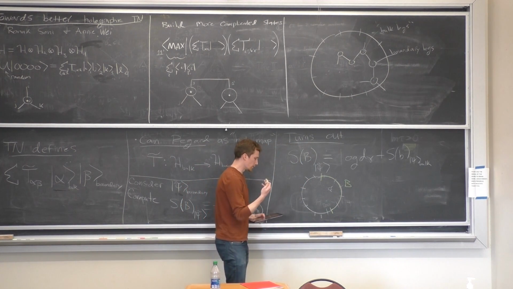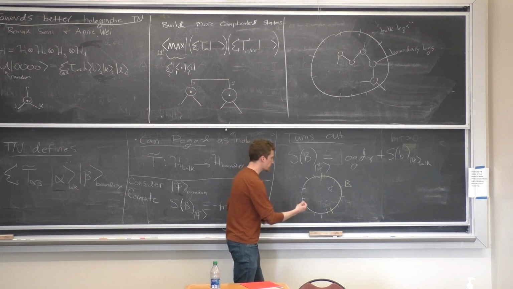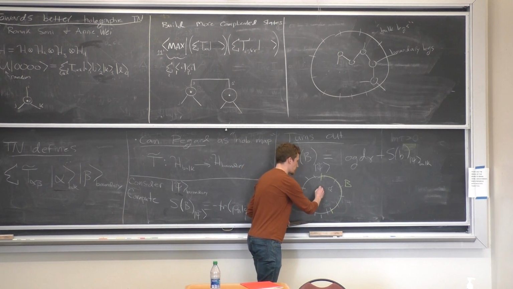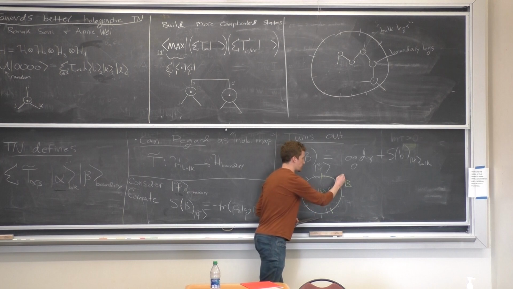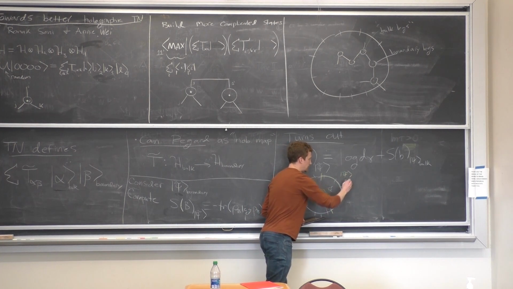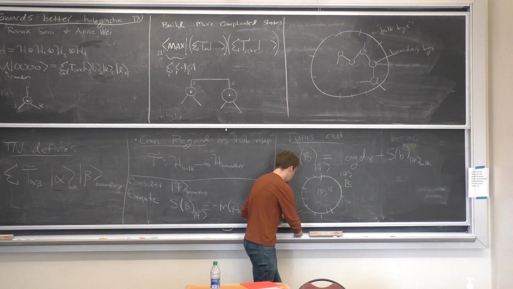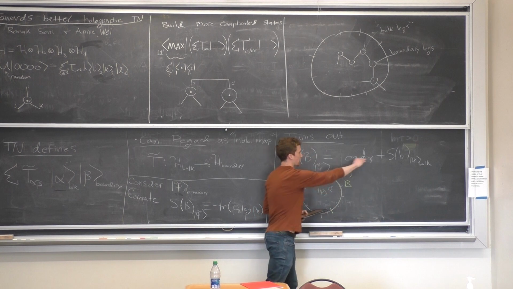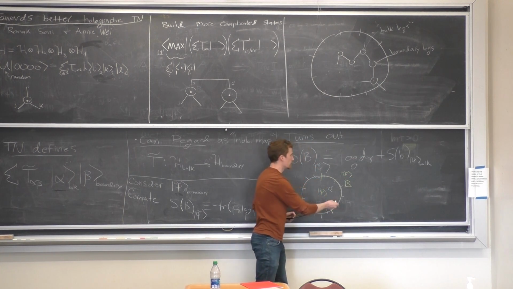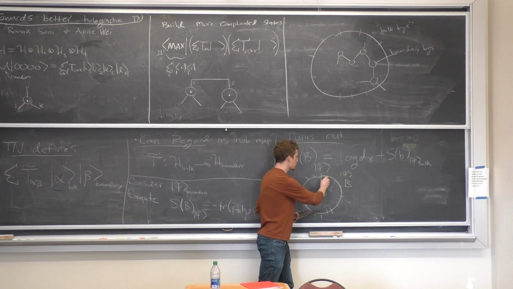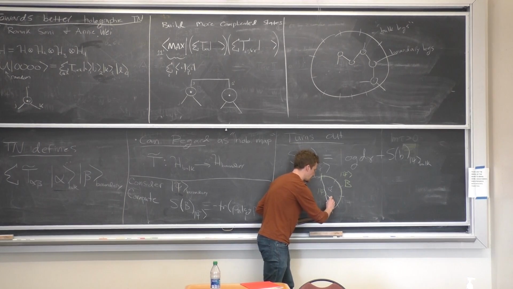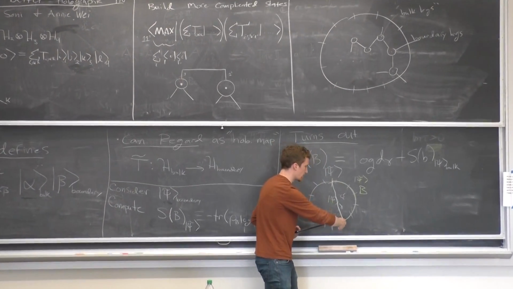And in random tensor networks, we specify some bulk state psi. We had some boundary state psi tilde. And this answer on the right side is, you're supposed to find some surface that we're calling gamma that goes through the tensor network.